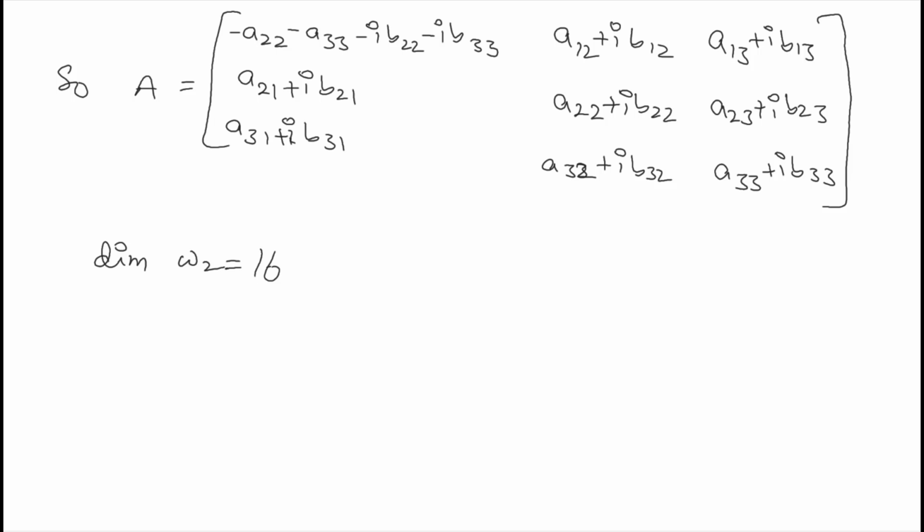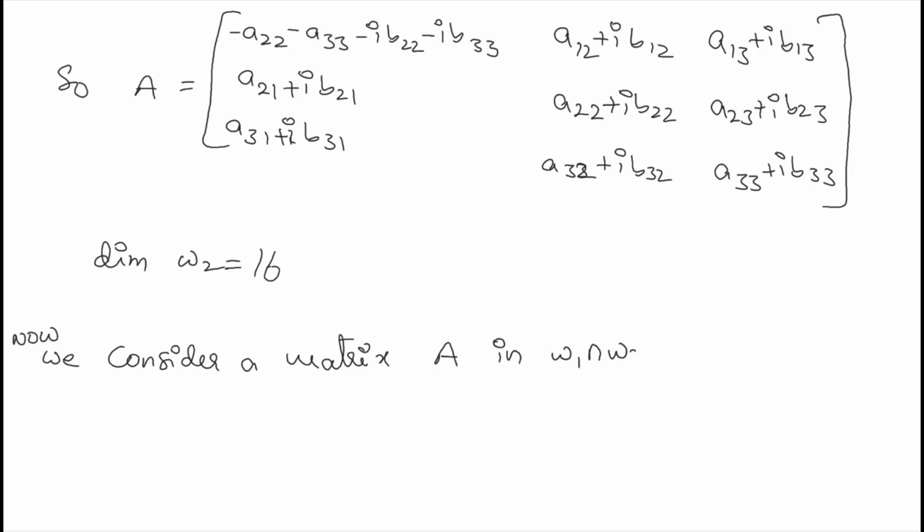And to calculate the dimension of W1 plus W2, we still remain to calculate the value of dimension of W1 intersection W2. Similarly, as W1 and W2, we consider a matrix A in W1 intersection W2.